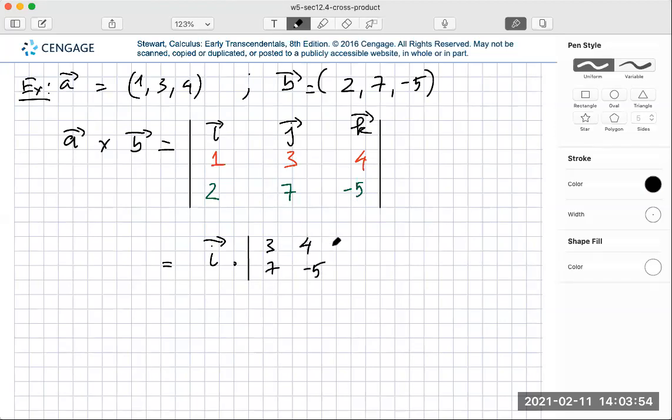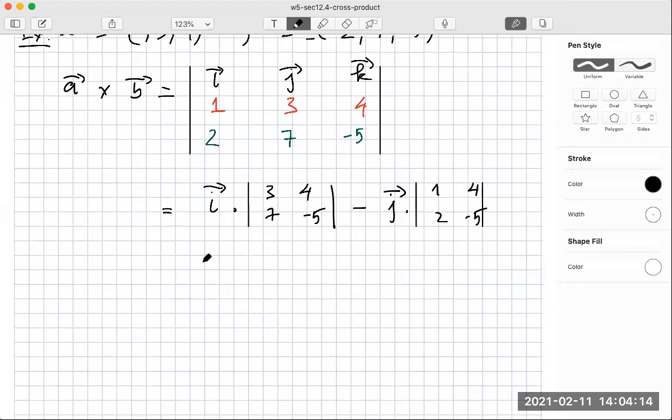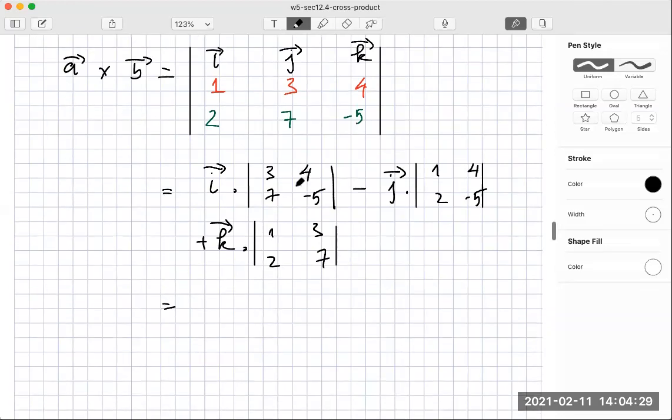Thank you, Walid. Perfect. And subtract vector j times the determinant of, very good. And the last one will be plus k times, yes, 2, 7, very good. Let us compute it. Here, the number we can write in front of i is, okay, it's fine. So let us write it this way, i.